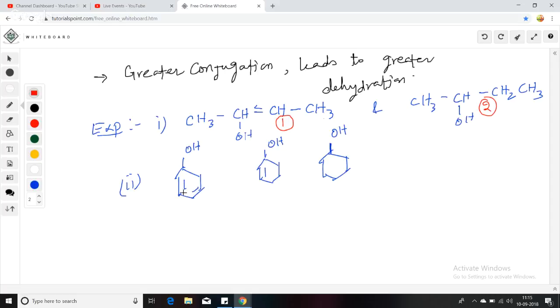Large conjugation is present from this lone pair to this pi electron. Here we don't have any conjugation. So the more the conjugation, the more the dehydration. So the order of dehydration will be this in this example. That's one thing to keep in mind: dehydration is easier when the conjugation is more.